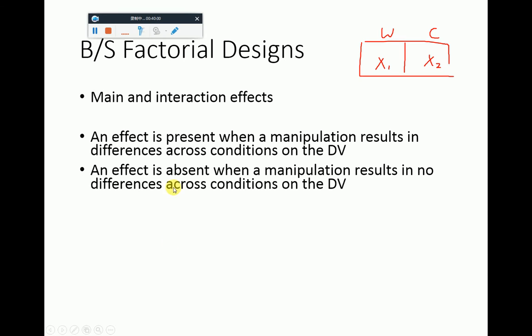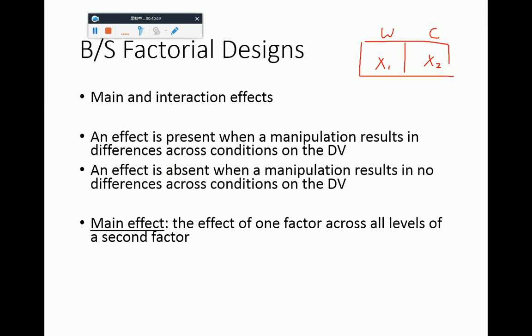Conversely, if this manipulation, in this case the warm-cold manipulation, does not result in any differences across these two conditions, then we say an effect is absent. There's no effect. Okay? So now we're ready to talk about or define main effect. Main effect is only relevant when we have multiple factors, that is, more than one factor.